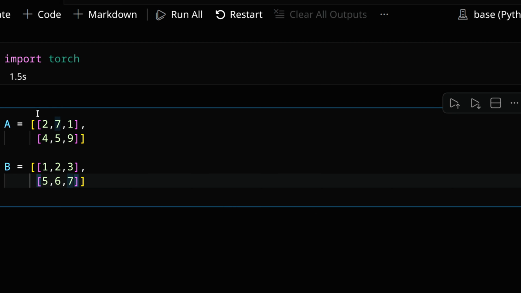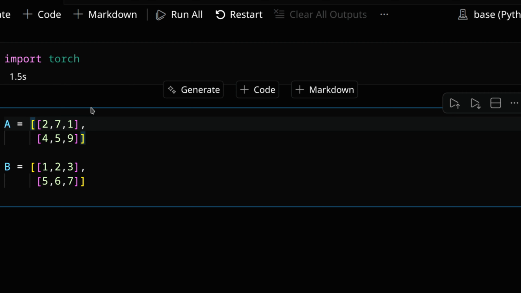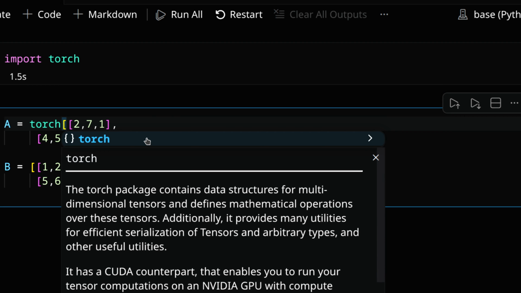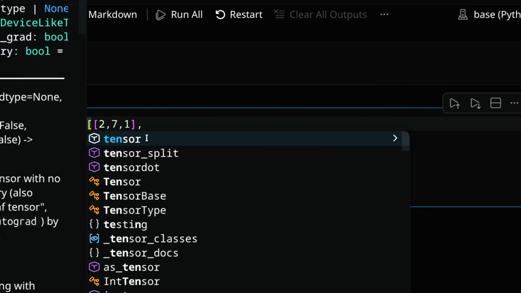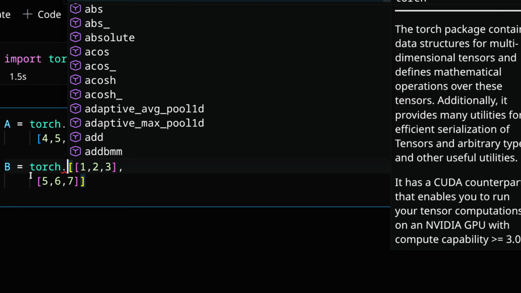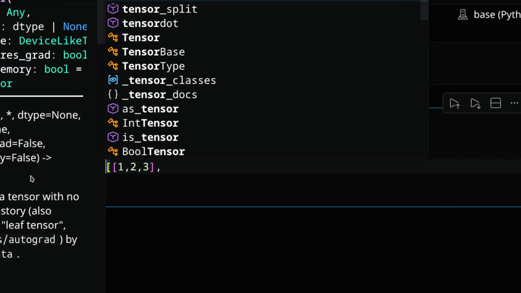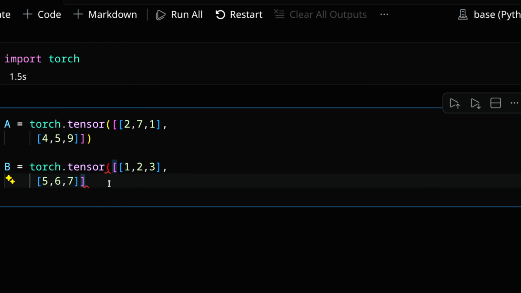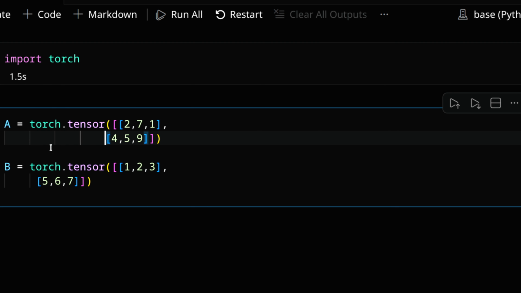All right. So now we have matrix A and matrix B, but I want to convert them to a torch tensor. So torch dot tensor. That's simple enough. And put these around them, and then here torch dot tensor. Put this around them. I'm going to scoot these over so it looks better.